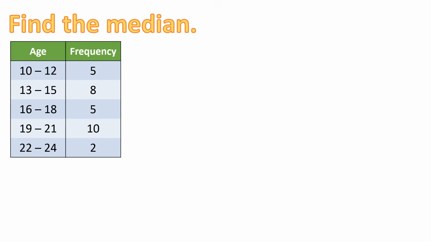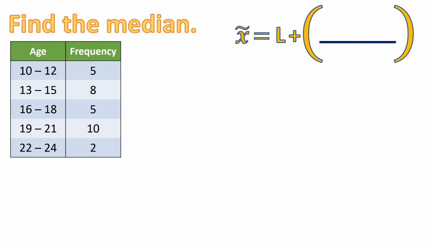So let me show you the formula to find the median. The median is written in this way: x wiggle, which is equal to L, which stands for lower class boundary, plus, in parentheses, N, which is the total frequency, divided by 2, minus the lower less than cumulative frequency.